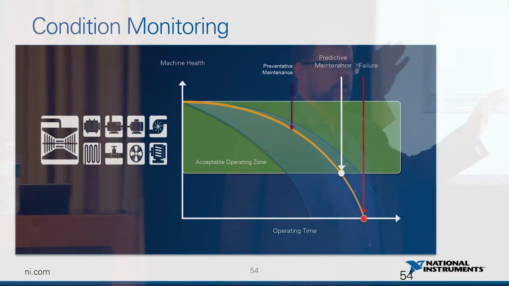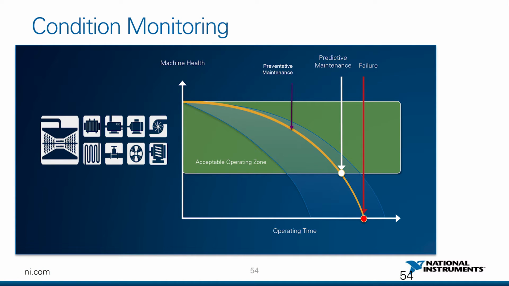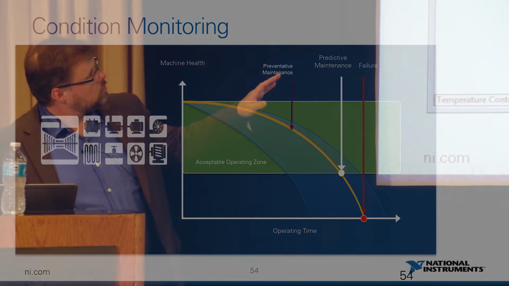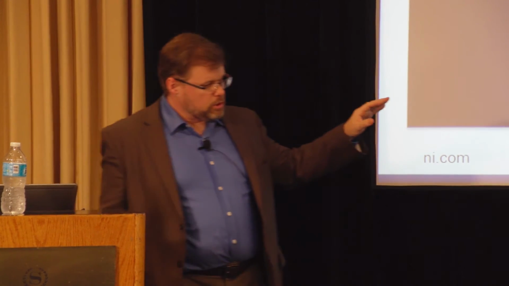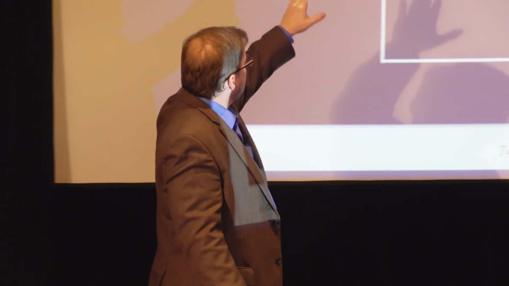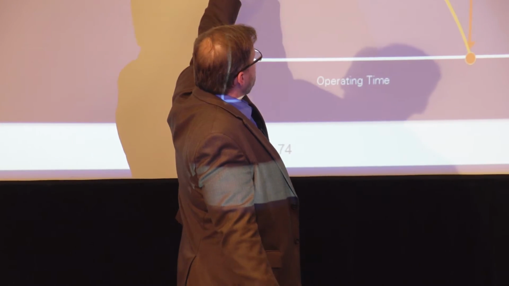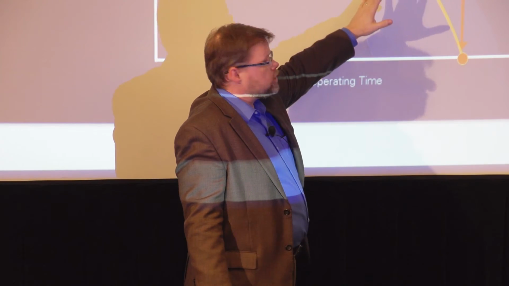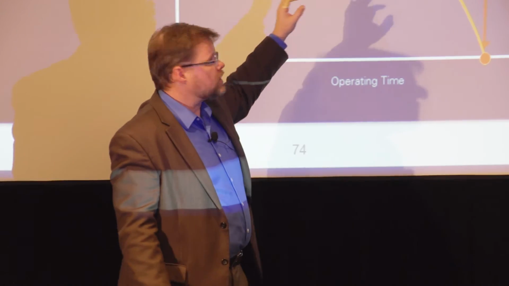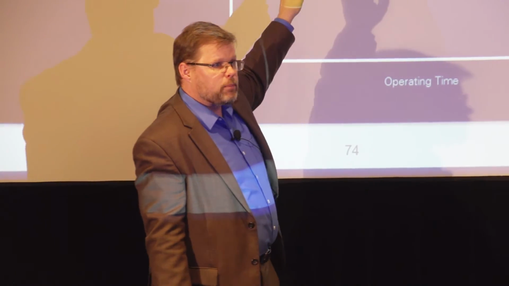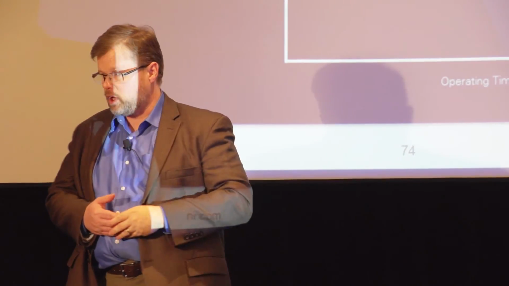So things like doing predictive maintenance or condition monitoring, where you use analog data to monitor your system and determine when it's moving out of its acceptable operating zone by actually having models on the system and performing condition monitoring.